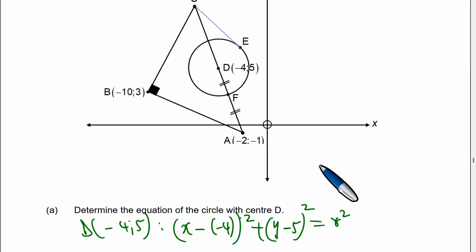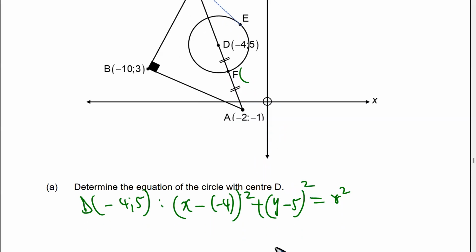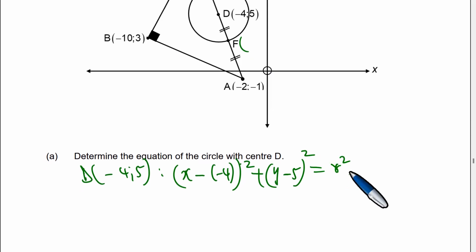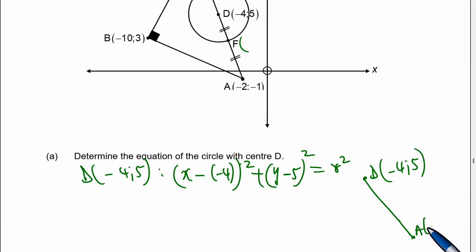For us to find the radius, we can find the coordinates of the point F, because F is the midpoint. So we have F, which is (xF, yF).